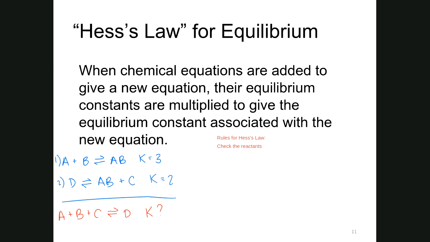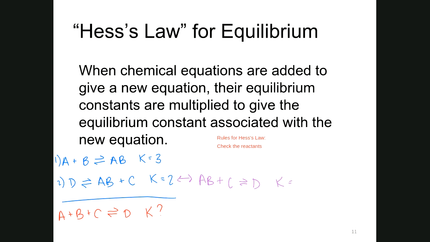In order for us to take C from a product and turn it into a reactant, we need to reverse that reaction. So we're going to reverse it so that it becomes AB plus C makes D. And so since we changed the reaction, that means that our value of K is going to change.